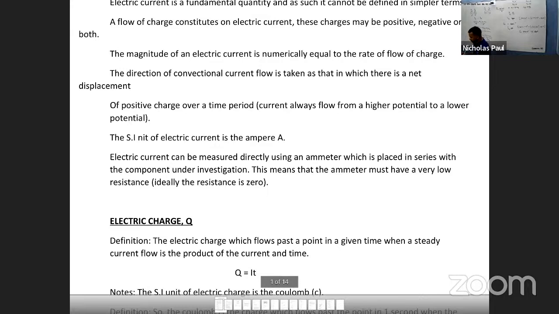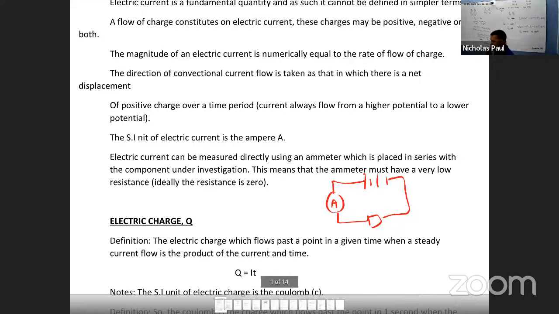So just to remind you, the ammeter is connected in series and has a very low internal resistance.